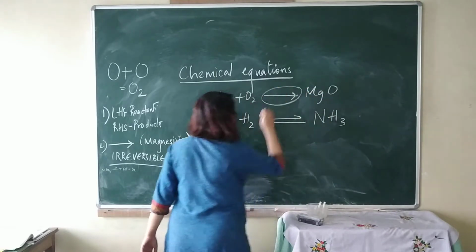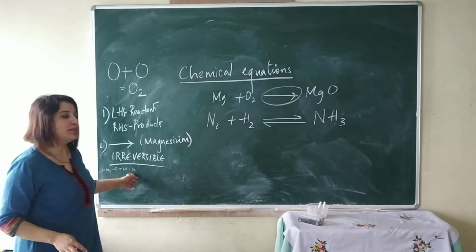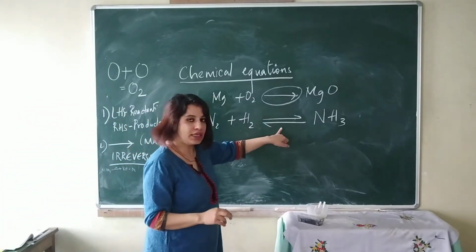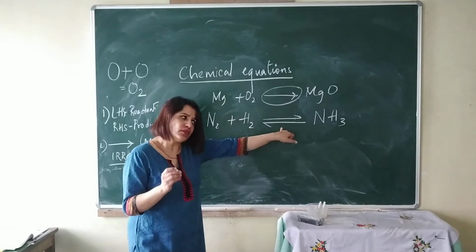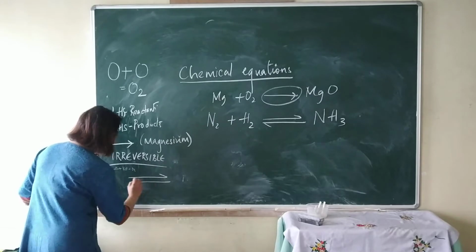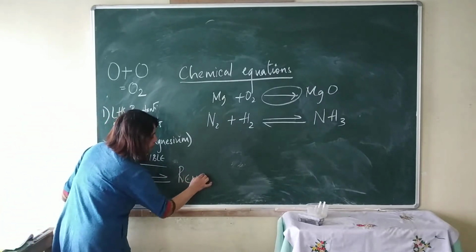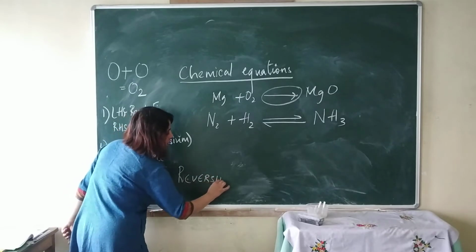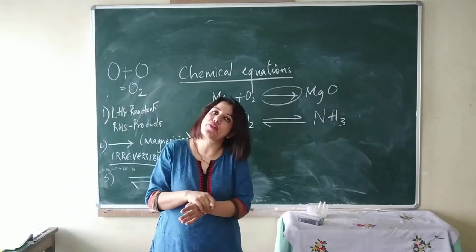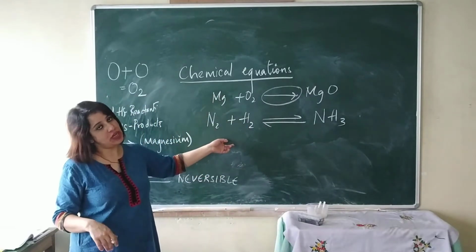Only a single arrow, and I told you single arrow indicates irreversible. That means we cannot get back the original substance. Here, double arrow. Double arrow indicates that the reaction is reversible. So if the conditions are reversed, then I can get back the original substance.